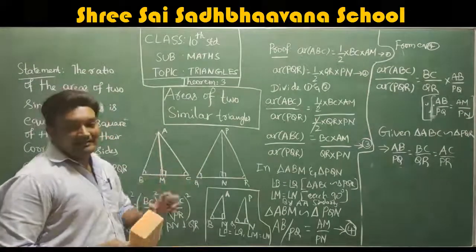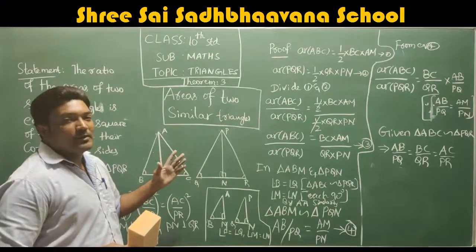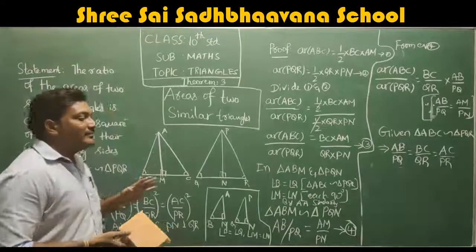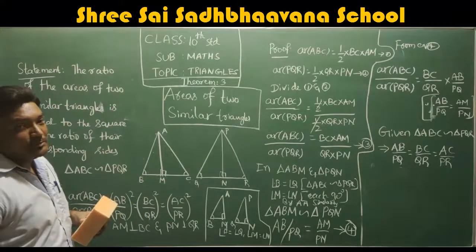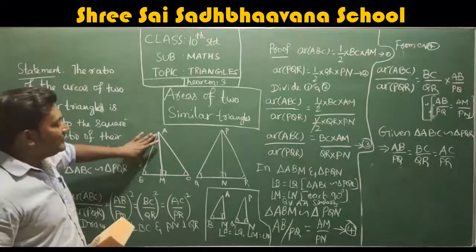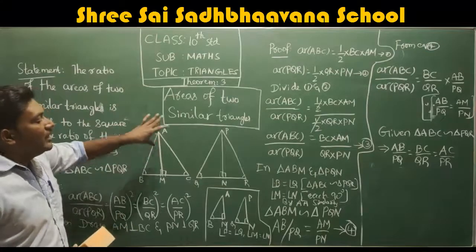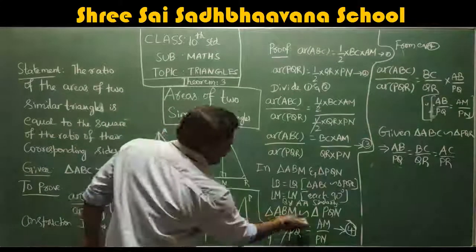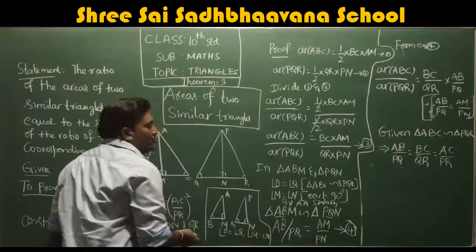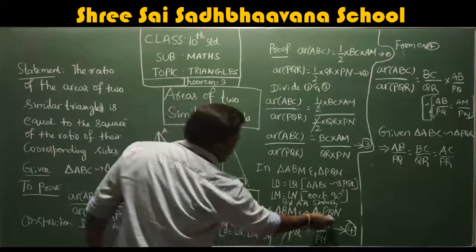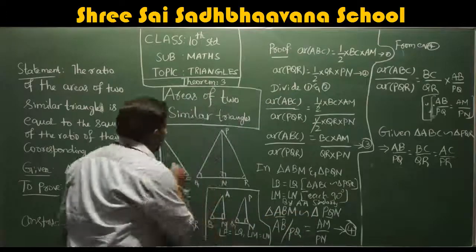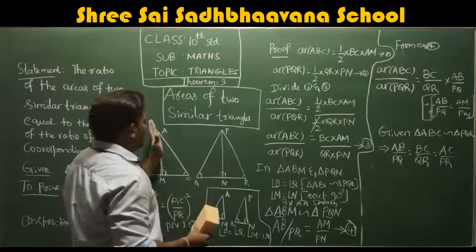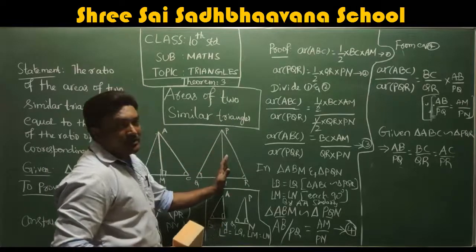If these two triangles are similar, what do we get from the similarity concept? As we know, if any two triangles are similar, their corresponding sides should be proportional. So AB is a side of ABC and PQ is the corresponding side of AB. So AB divided by PQ should be equal to AM divided by PN.